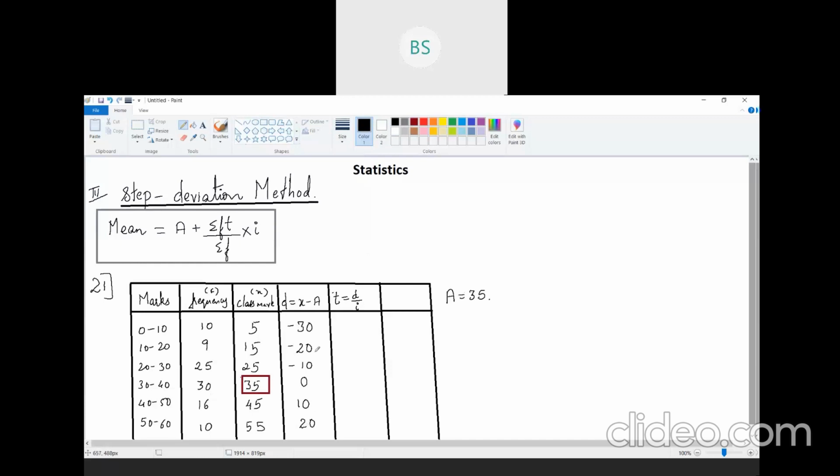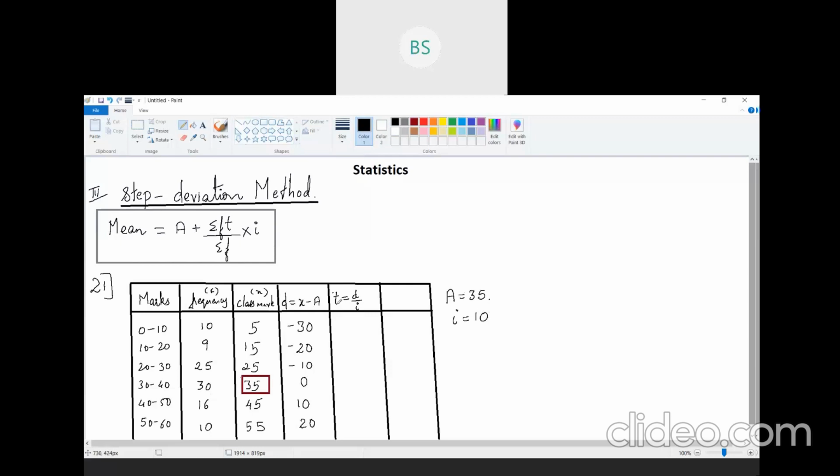Now as you can see in D column, the common difference between the numbers is 10. So I is equal to 10. Okay. So I is always the common difference in the D column.